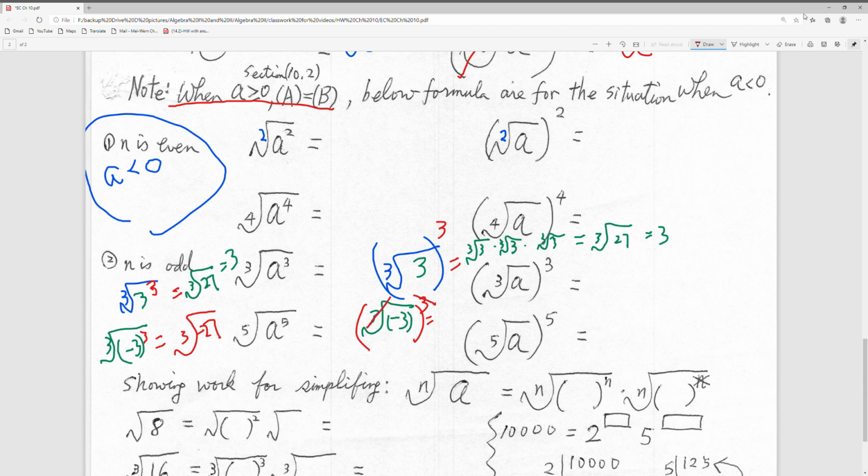Okay, I'm not supposed to show the work because by the definition they always cancel out. And this is negative 3. So if you have the cube inside the root, negative is still negative. And by the definition, negative is still negative. So they are equal. So no matter whether A is positive or negative, when the index number is an odd number, they are always equal.